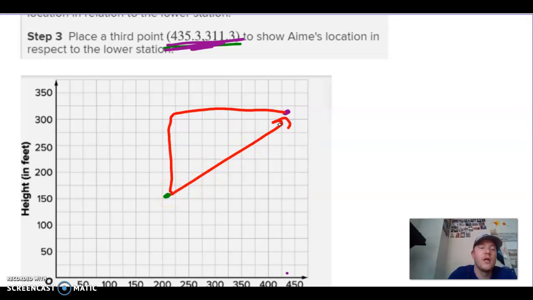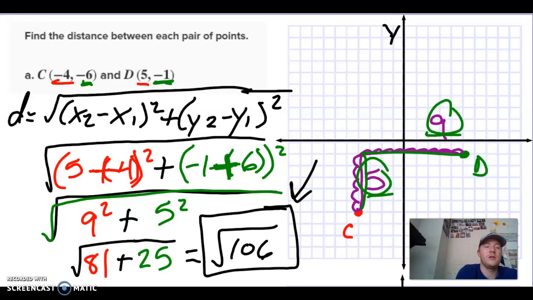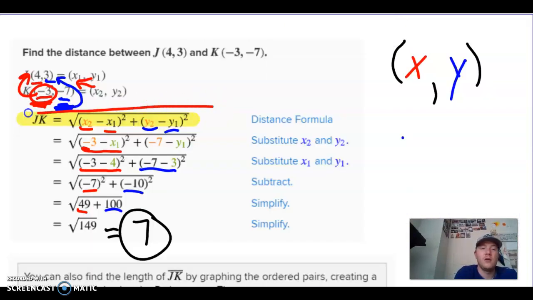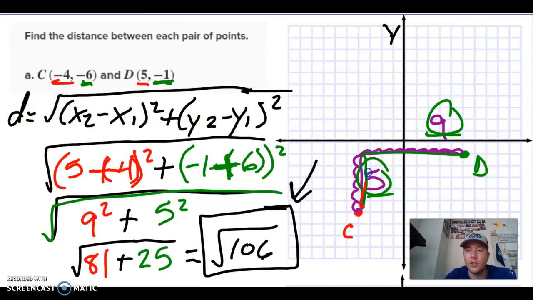So make sure that you are plugging into this distance formula, especially if you're unable to count. If you are able to count that distance like we were here, that's great. You're still going to have to make sure you're using those last couple steps of the distance formula anyway.